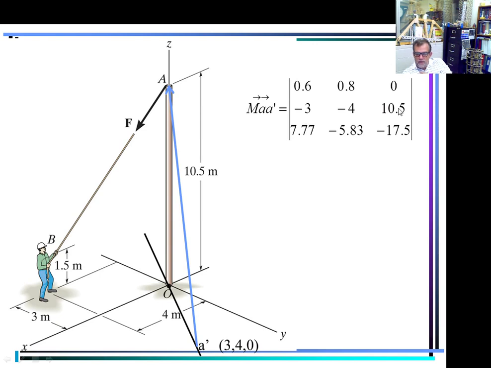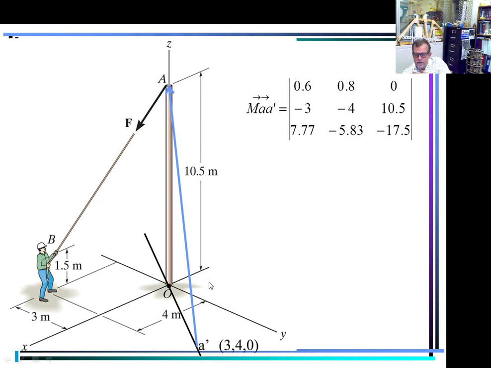From here to here, that will be my R, 3 minus 0, 4 minus 0, 0 minus 10.5, that will be my R. I'm sorry, this one, 0 minus 3, 0 minus 4, and 10.5 minus 0, that will be my R, and this is F.